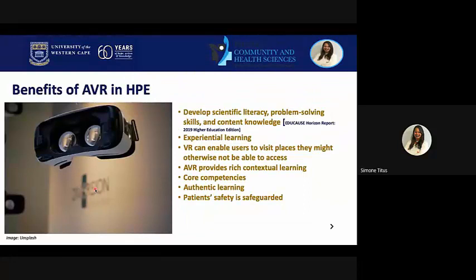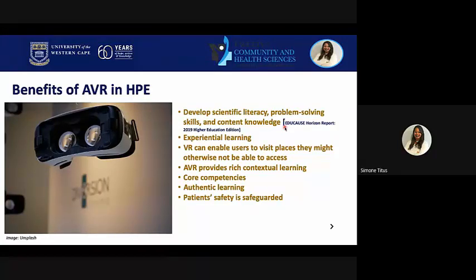And so there are a number of benefits of the use of AR and VR in health professions education. The EDUCAUSE Horizon Report of 2019 indicated that biology or anatomy students can develop scientific literacy, problem-solving skills, and content knowledge by interacting with simulated objects.